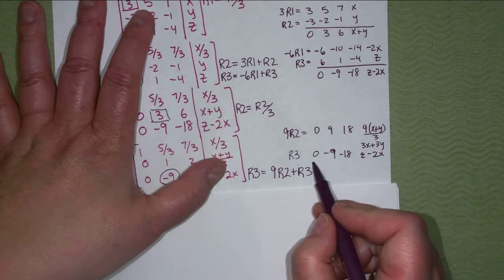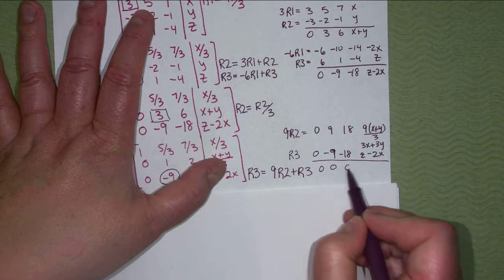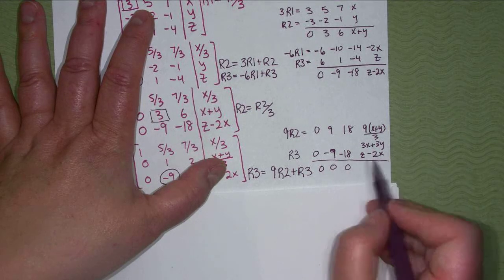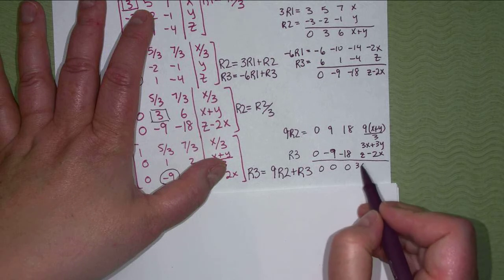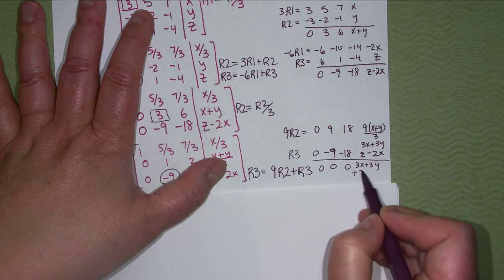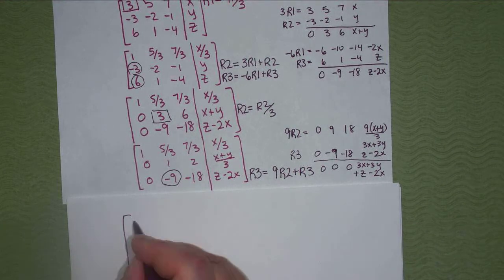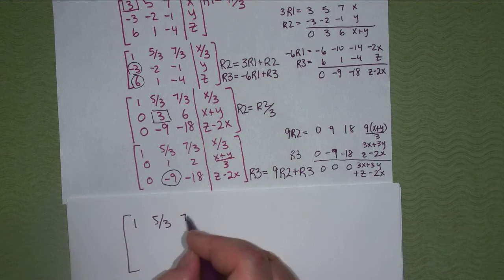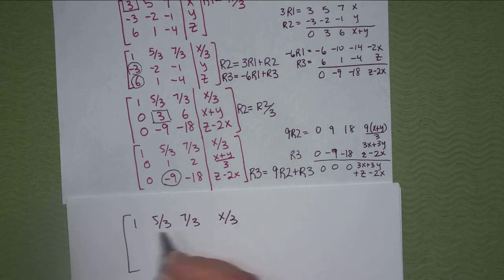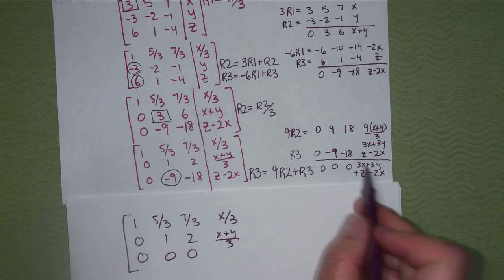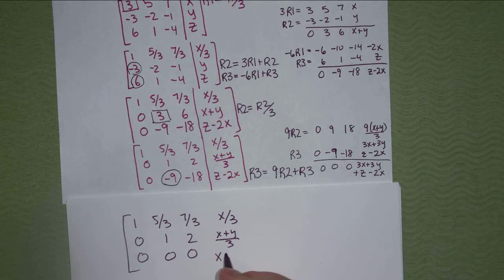Okay, so if we add those, 0, 0, 0, and we're adding all this together, so 3x plus 3y plus z minus 2x is what? Zero, 0, 0, x plus 3y plus z, is that right? Okay, so here it is.